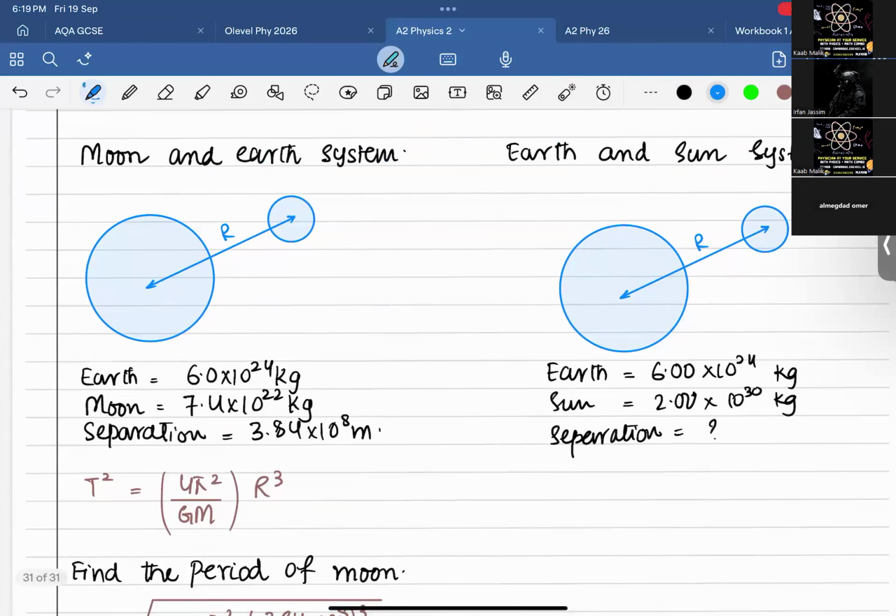Just keep in mind this is the Sun, this is the Earth, and this is the Moon. Just find that out, please.